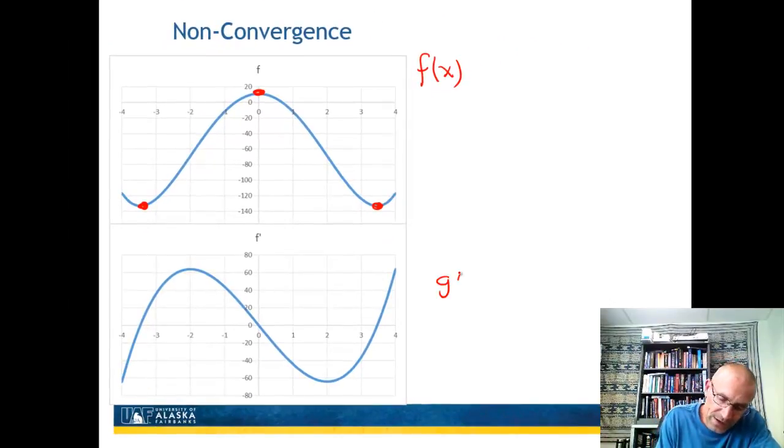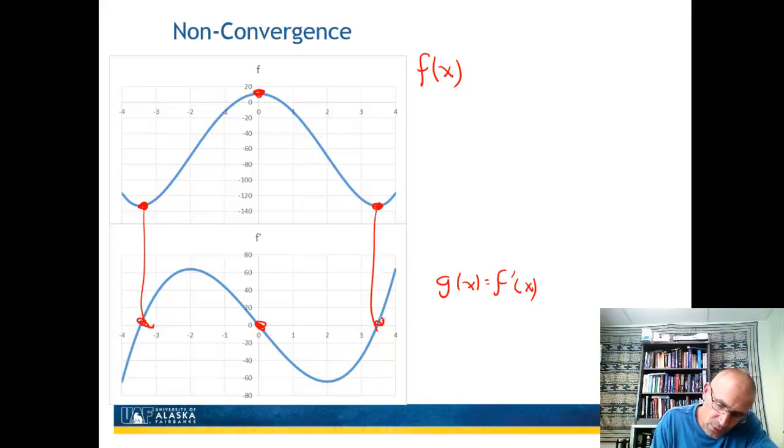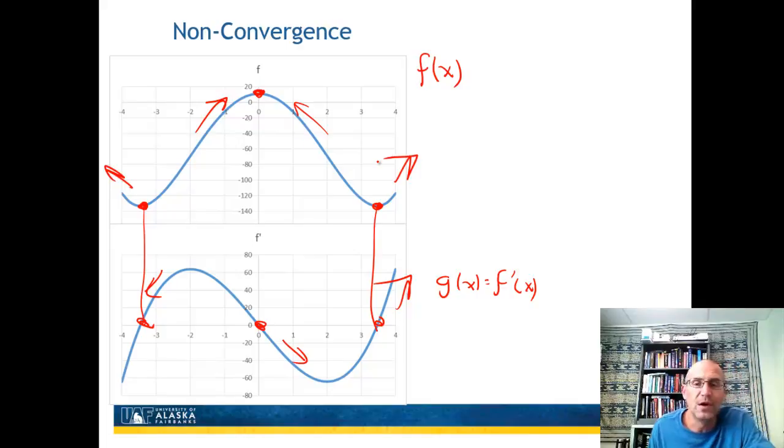So if this right down over here is g of x, which is just the derivative of f of x, and so right at this maximum I've got it at 0, this point 0, and this point 0. If I start looking in here, I'm going to go ahead and find my maximum there. If I start looking down here, I might go ahead and start finding the minimum, but if I'm over on the right-hand side, I could go ahead and diverge, and it could be non-convergent. So you need to be a little bit careful with your function in order to make sure it converges, but when it doesn't converge, it tends to fail fairly quickly.